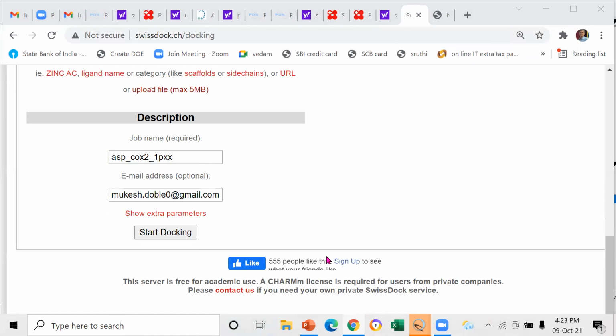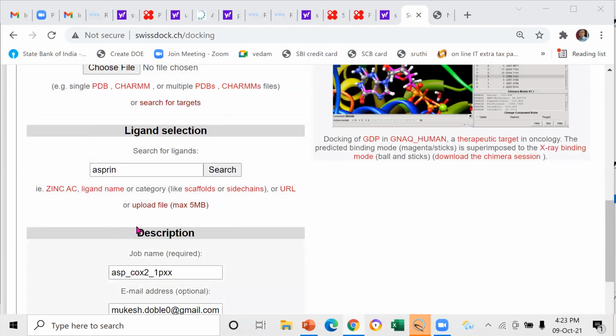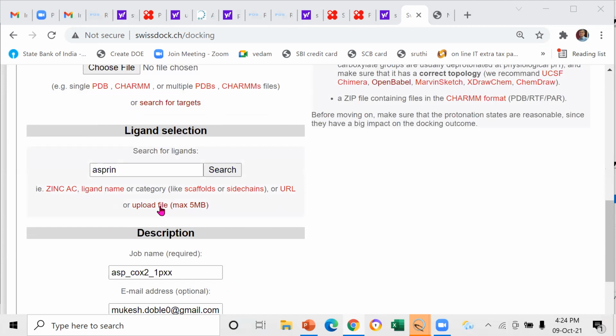If it is an unknown ligand, you draw it in Marvin Sketch, get the three-dimensional conformation, minimize the structure, store it as a mol2 file in your computer, and then upload it just like I uploaded the protein.